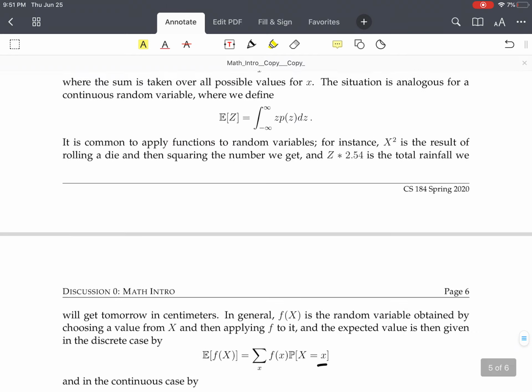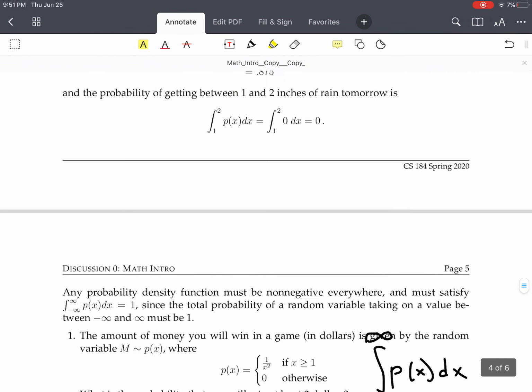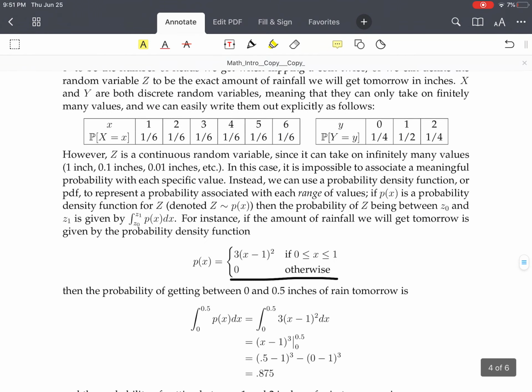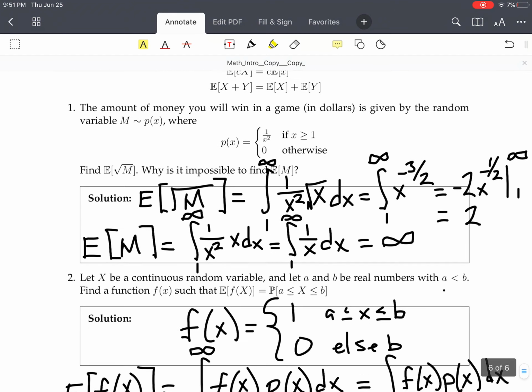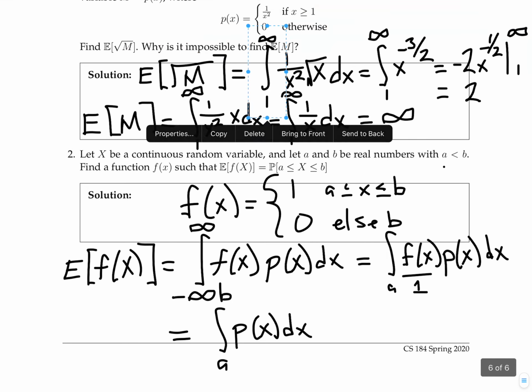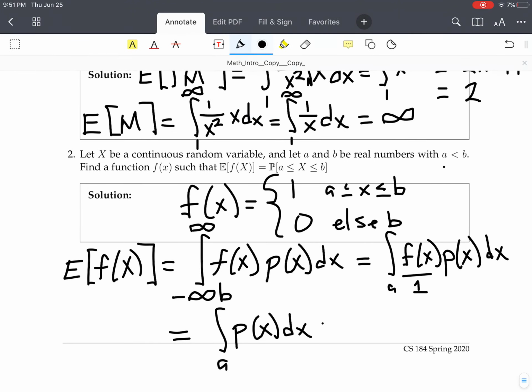If we come up all the way here, the probability that x is between 0 and 0.1 is the integral. So if we come back down, essentially this is the probability that x is between a and b. So there we go. It's done.